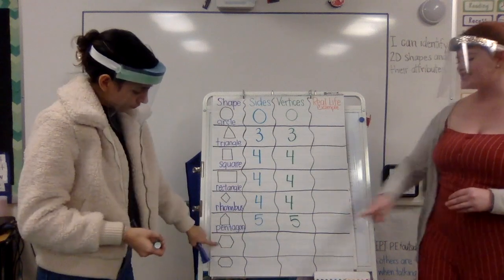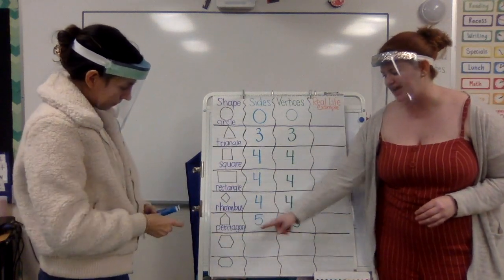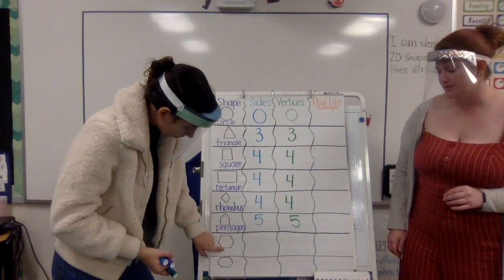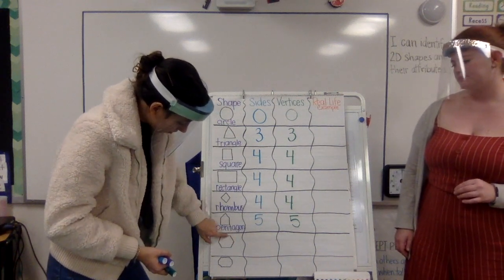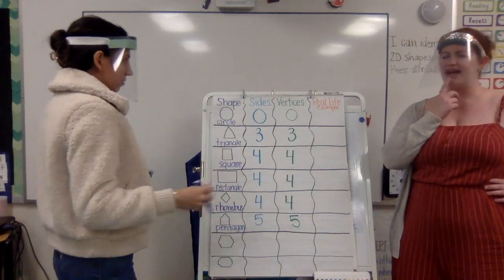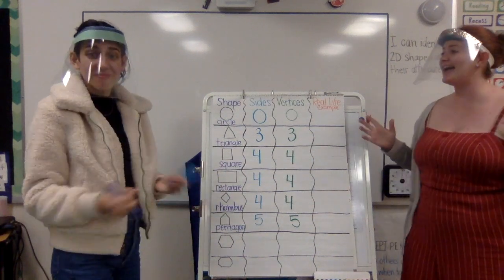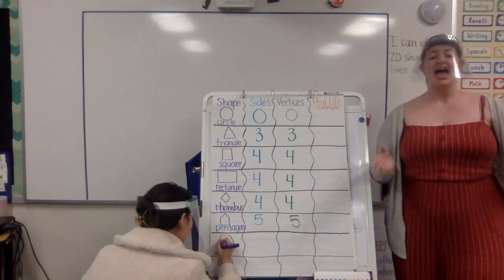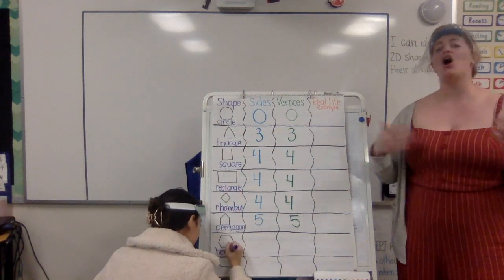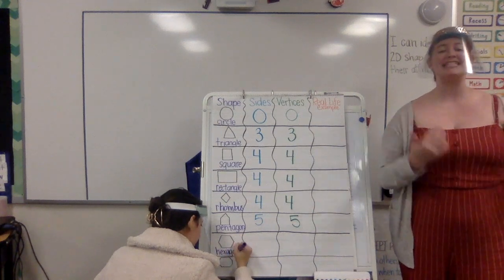Yeah. Ooh, this next shape has a whole bunch of sides. Do you know how many sides that is, Miss Lestico? Well, let's see if I count. I can tell it has 1, 2, 3, 4, 5, 6 sides. What's that shape that has 6 sides? A hexagon! Oh my goodness. And I can remember hexagon because hex almost sounds like the number 6.